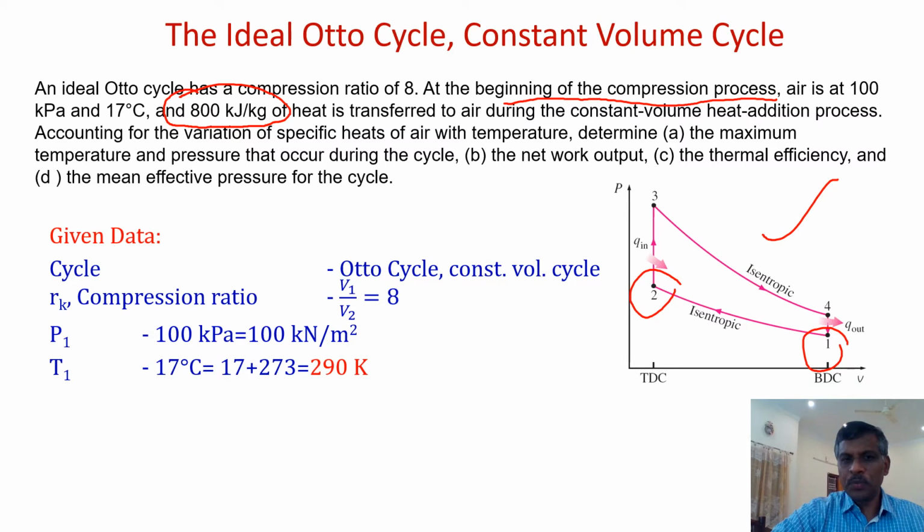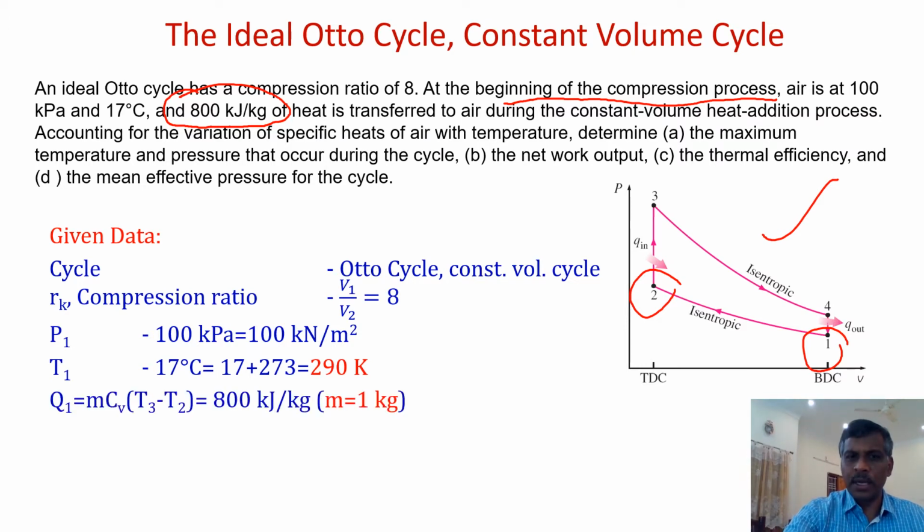Heat addition, Q1, we will say, in 2 to 3, is given data. So Q1, how will you calculate? It is a constant volume process, so always remember it is Cv, because it is mass into specific heat into change in temperature. So 2 to 3 is the heat addition, always higher temperature minus lower temperature, so it is T3 minus T2.